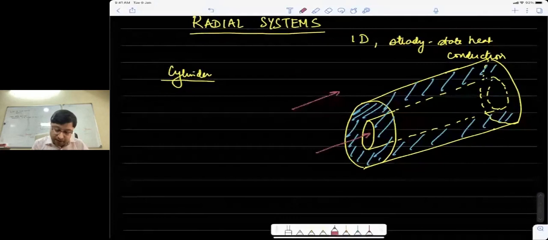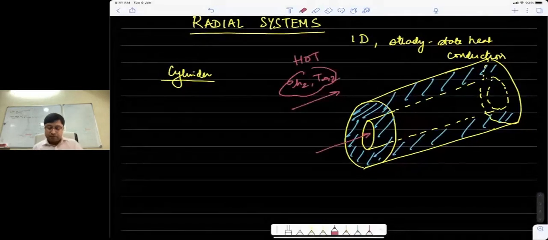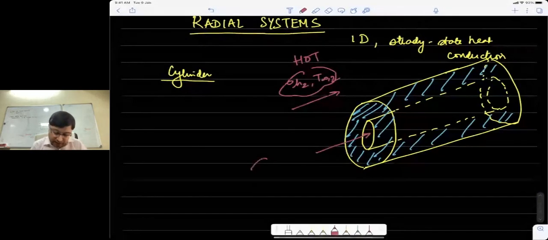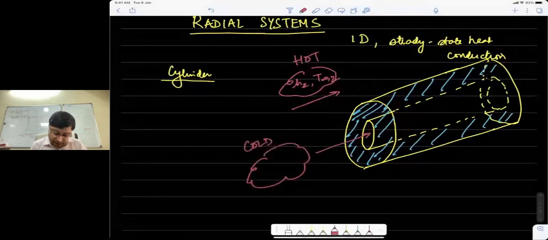So maybe I can define that the outer surface has a hot fluid which is at temperature T infinity 2, and heat transfer coefficient is H2, so that is hot. And the inner section has a colder fluid which has heat transfer coefficient H1 and free stream temperature T infinity 1.